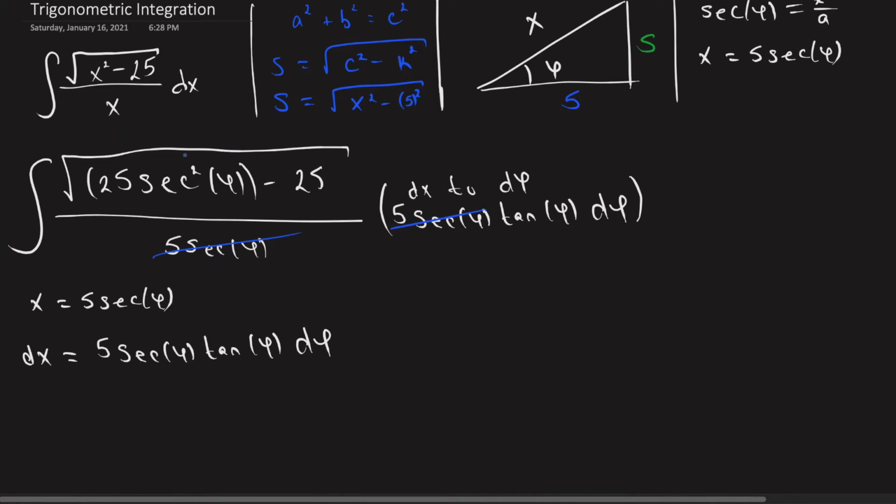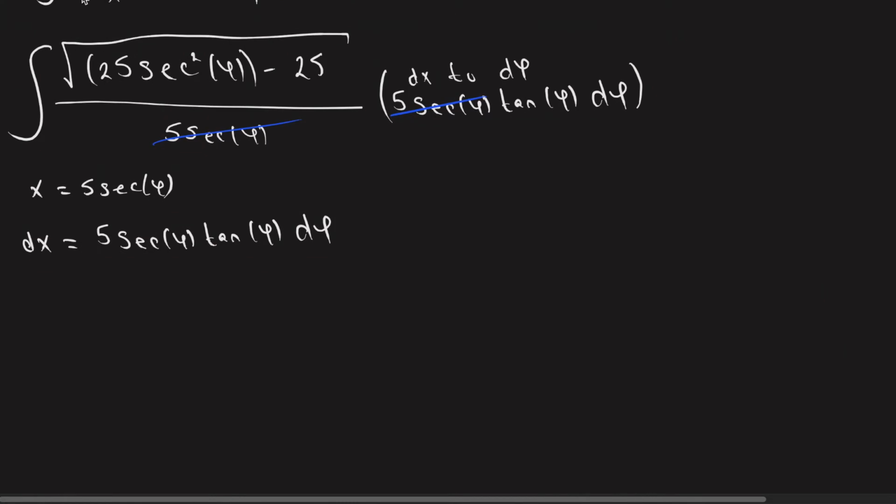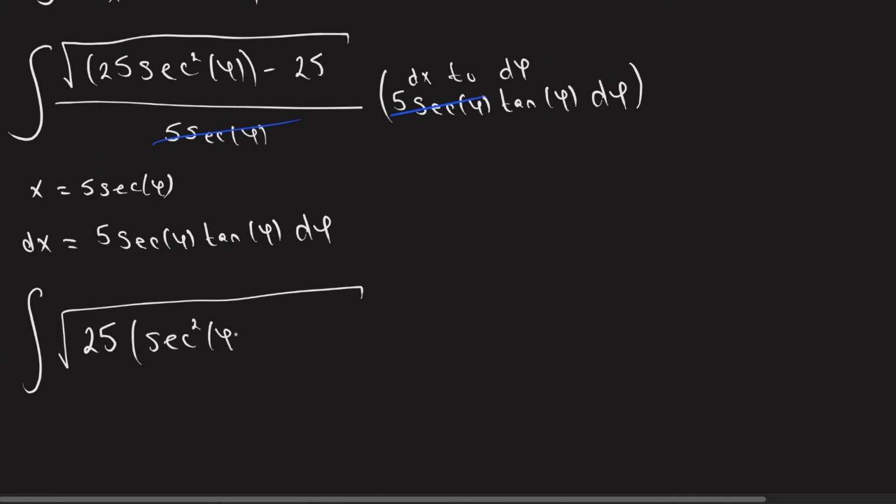So let's try to simplify this. Let us now write down the integral again. And we have nothing in the denominator anymore. So we're going to have the square root of 25 secant squared of phi minus 1.